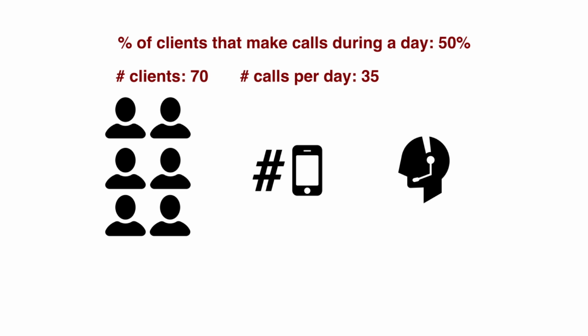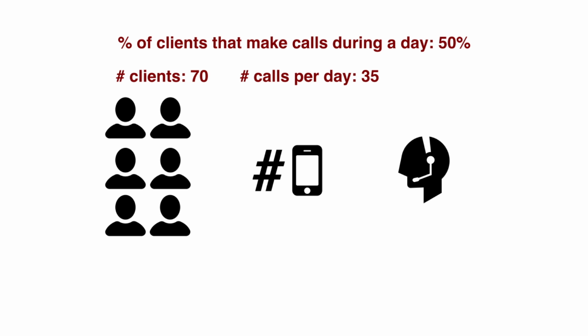This means the percentage of clients that made calls during a day is about 50%. So half our clients made calls during a day, assuming a client only made 1 call per day. So if we have 70 clients, we can expect 35 calls per day. That's what it boils down to. It means that for every 2 clients, we can expect 1 call per day.